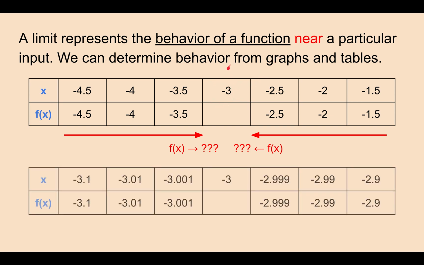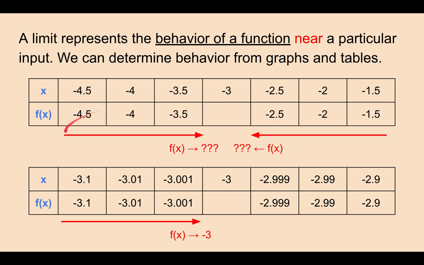So on my table, I wouldn't go by 0.5s, and I'd make this a standard. I'd go to the left, 0.001, 0.01, and then 0.1, and then I go to the right, 0.001, 0.01, 0.1. Now you can see there's no more ambiguity. As I come in from the left, that's clearly approaching -3. See how -3.1, -3.01, -3.001, that's obvious.